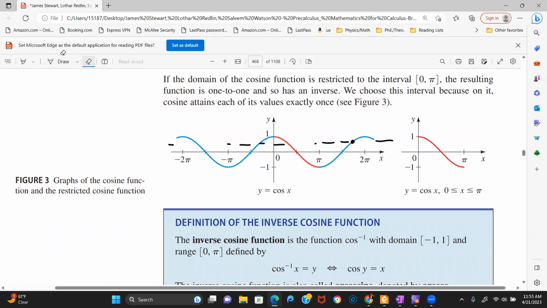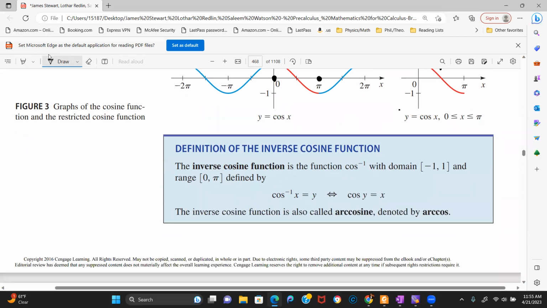But if you restrict the domain from 0 to pi, and then just eliminate the blue graph, then you do get an invertible function. You get this red graph right here, and this does pass the horizontal line test. So you're looking at cosine as a function from 0 to pi, so you restrict the domain.